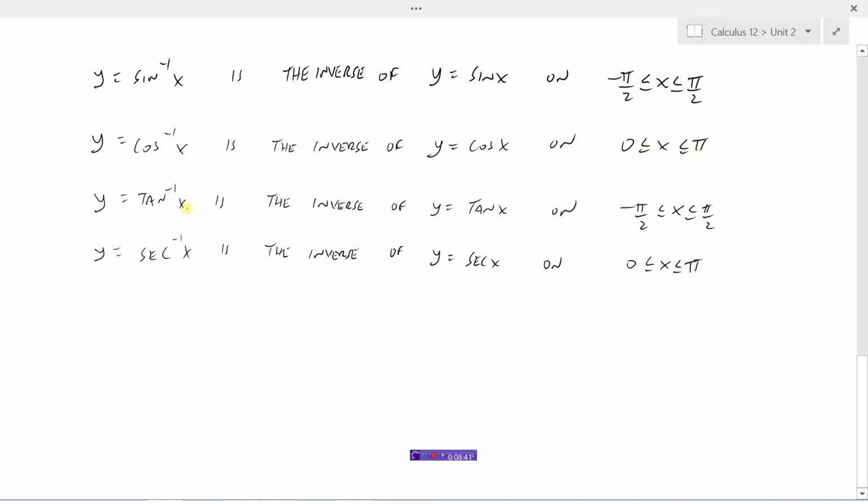And the inverse tan x would be the inverse of y equals tan x on the domain -pi/2 to pi/2. And the inverse secant x is the inverse of y equals secant x on the domain 0 to pi. So it's important to know that these are the restrictions on the domains of these functions. So these inverse functions end up being functions.